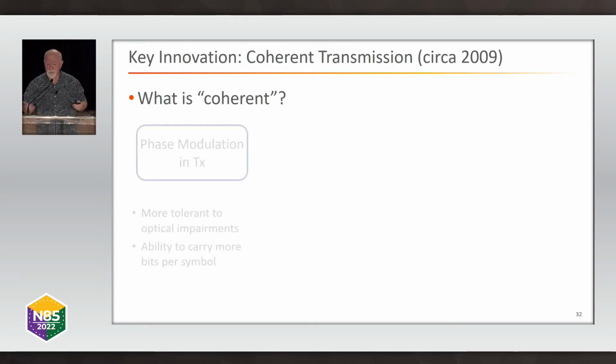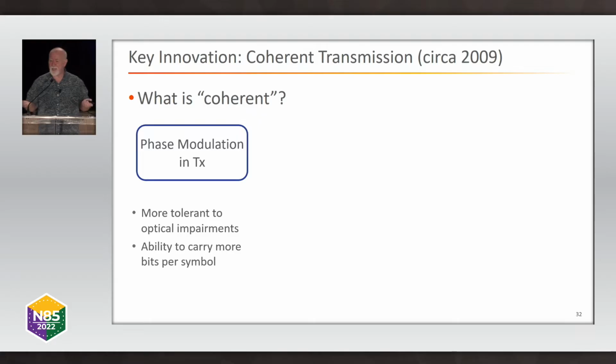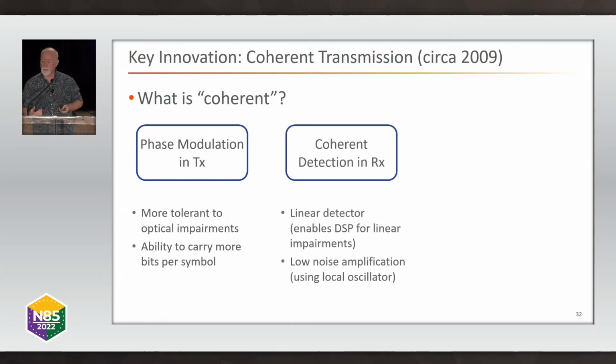So what is coherent? It just means anything to do with phase. But in terms of the commercial definition that we use today, we have phase modulation in the transmitter. Phase modulation is more tolerant to optical impairments, and you can put more bits into each modulation symbol. So if you're modulating at the same baud rate, you're now carrying more bits per second.